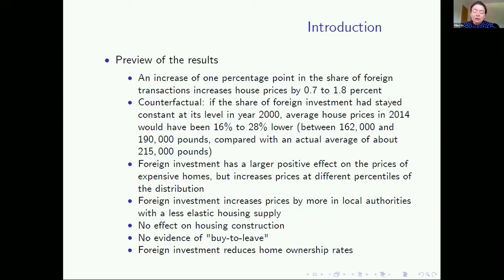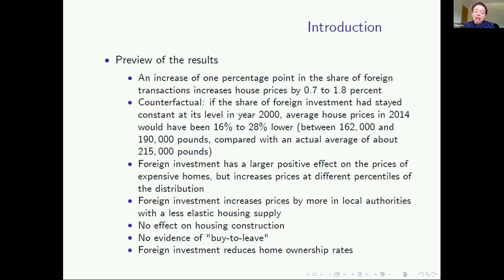So they would have been between 162,000 and 190,000 pounds compared with an actual average of 215,000 pounds. I see that foreign investment has a larger effect on the price of expensive homes, so the top end of the market, but the effect is there at different percentiles of the house price distribution.